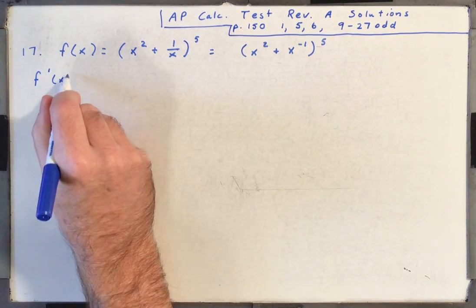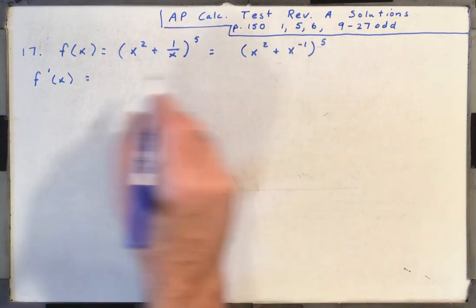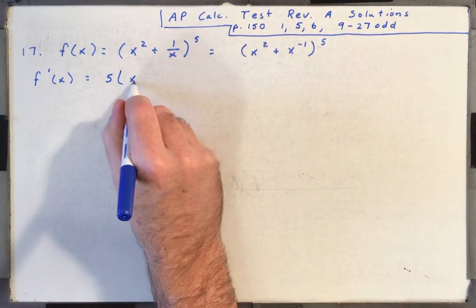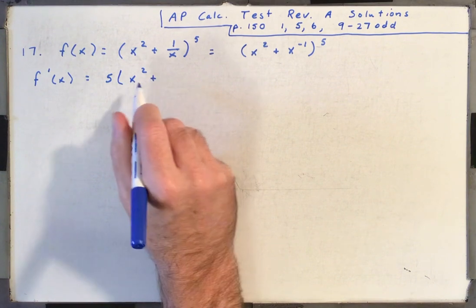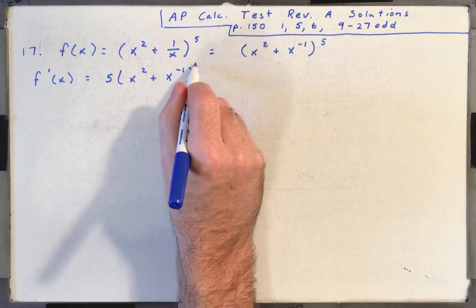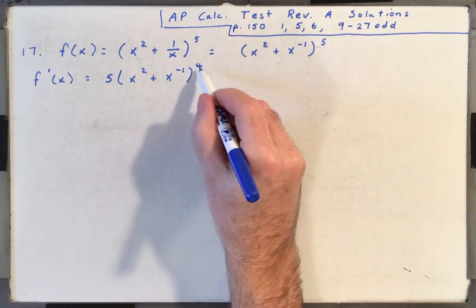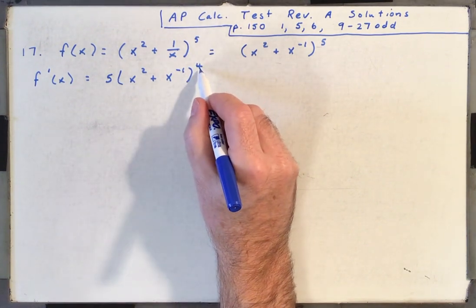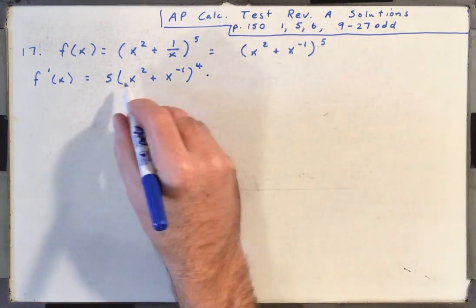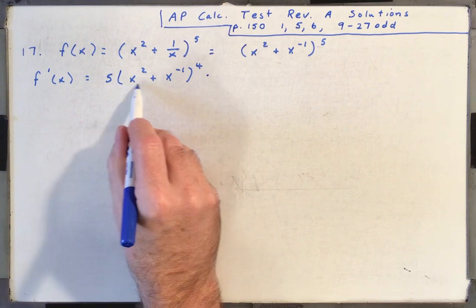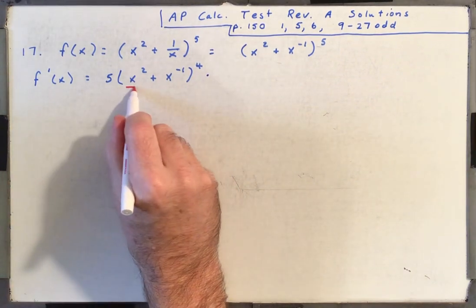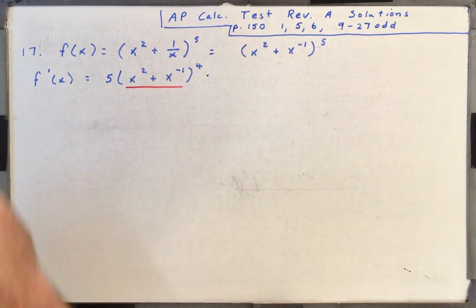So f prime of x is equal to, bring that 5 out front, 5 times x squared plus x to the minus 1 to the fourth. So many students forget that. When they're doing chain rule, they forget that. And also, so many students forget to then take the derivative of the inner function, all right, what I've called the block. So now you've got to take the derivative of that and multiply it.